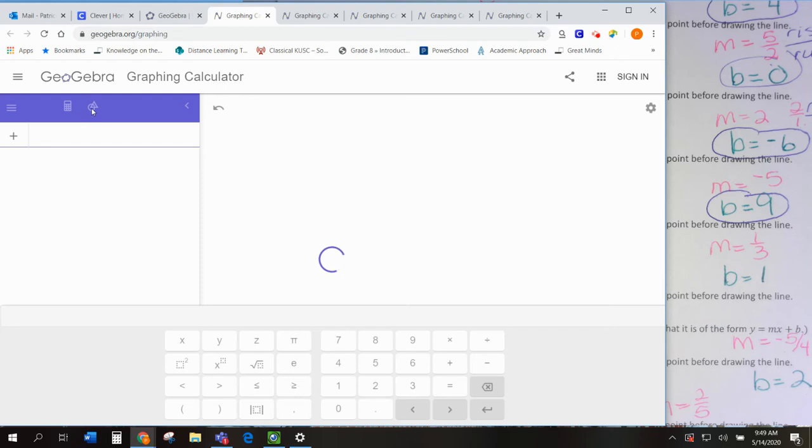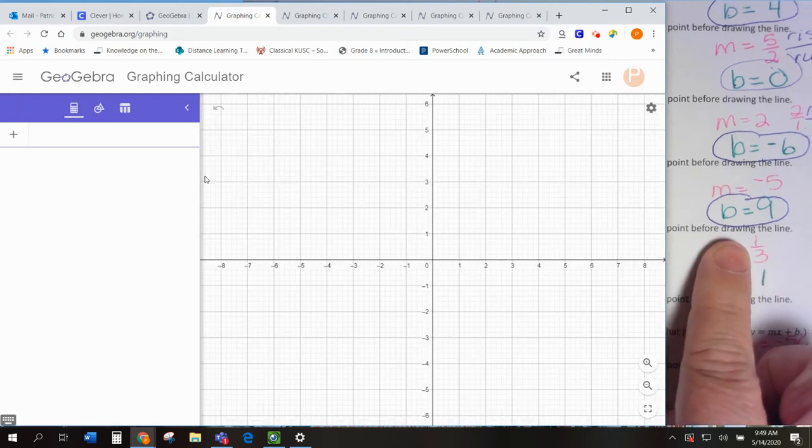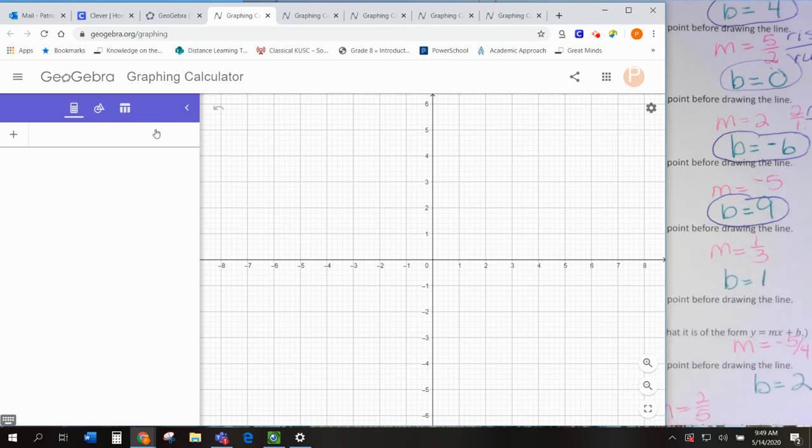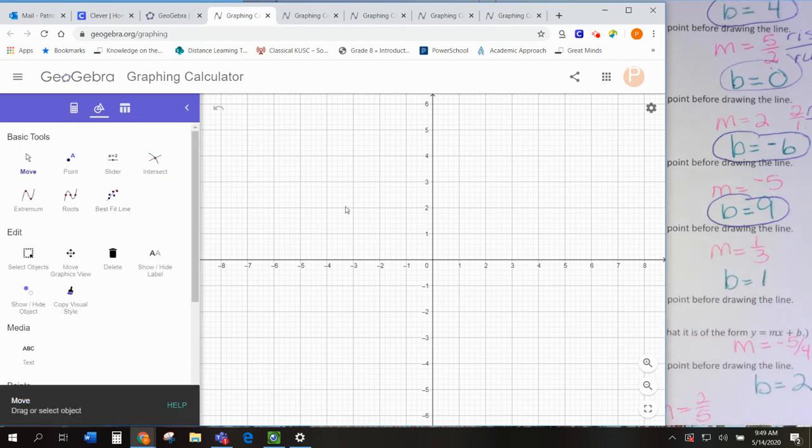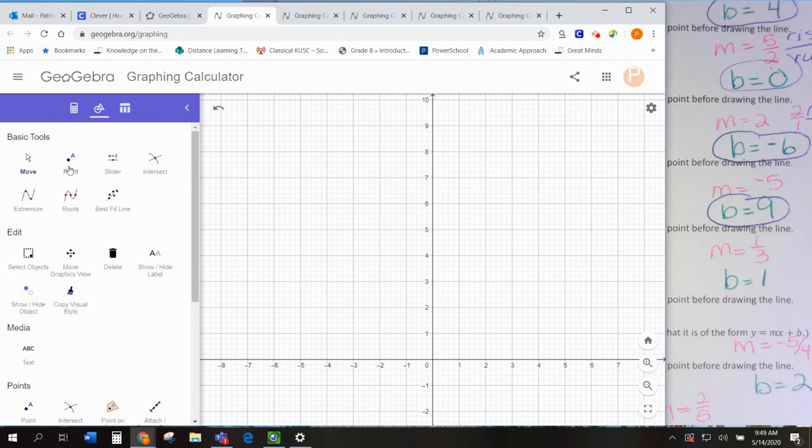So as this comes up, we are going to have to put that point on 9 of our y-axis. I'm going to move this down a bit. Put a point on 9.